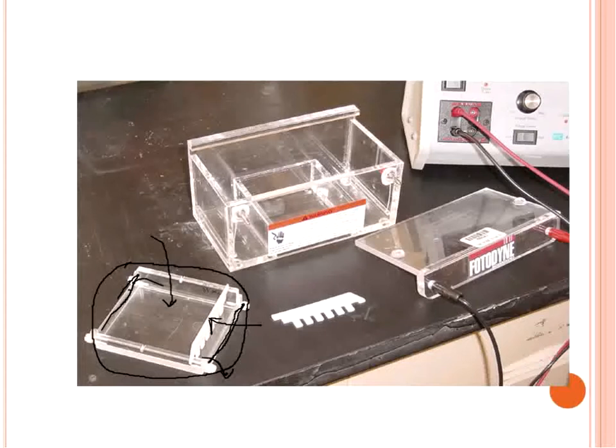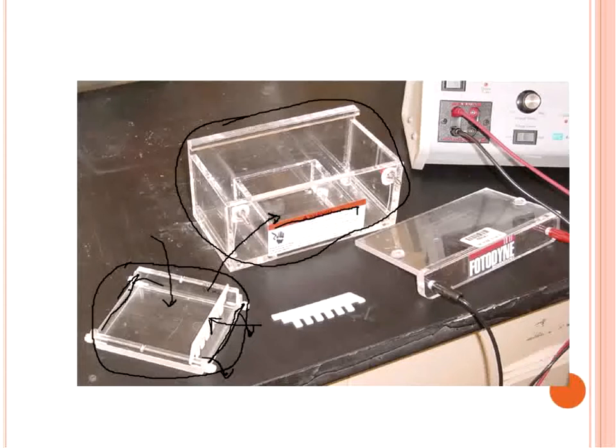Okay, here is your gel box, and there is a platform inside it on top of which you place your gel tray after you have poured the gel. And don't forget to lower the gates, otherwise no electricity flows through the gel, right?